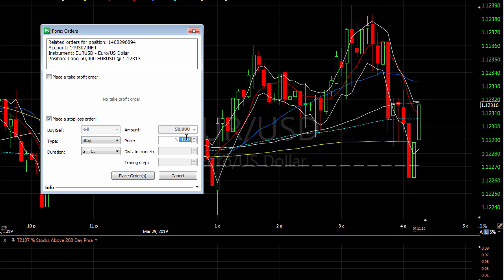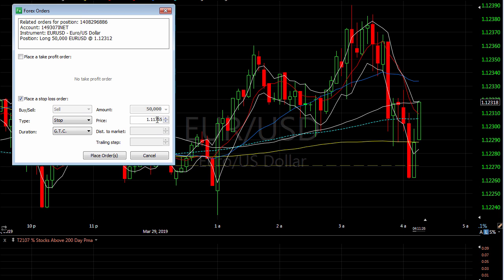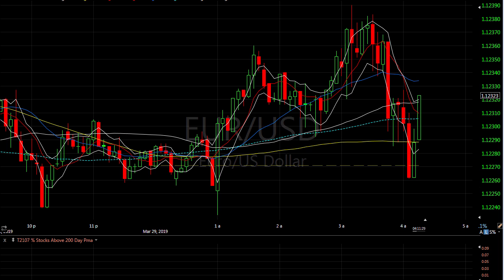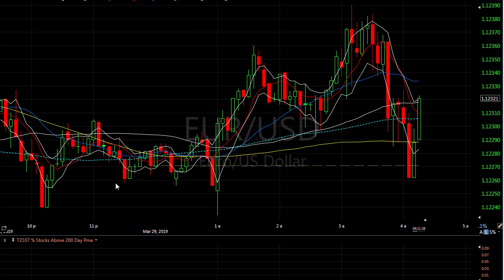So let's put the stops in. 112.12. The other one, you can see the entries there, 112.12, and the other one at 112.12.